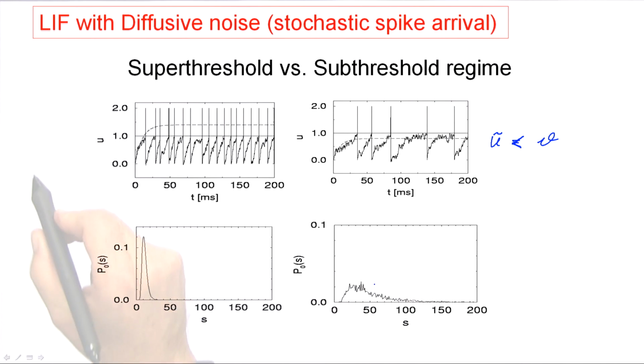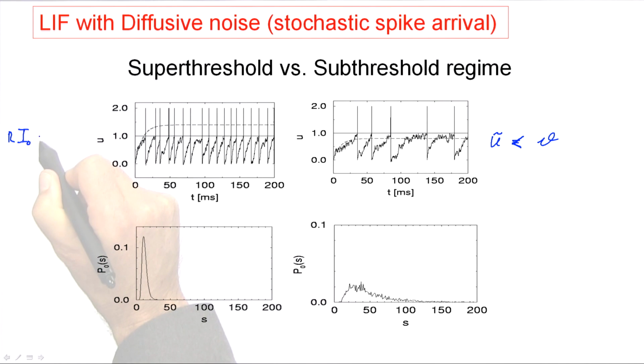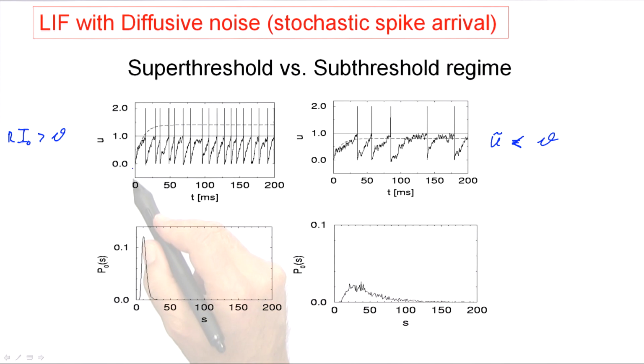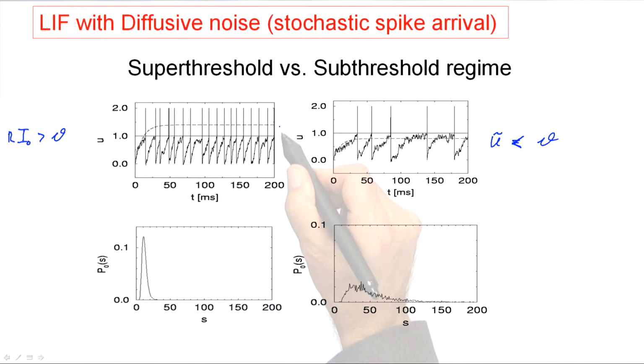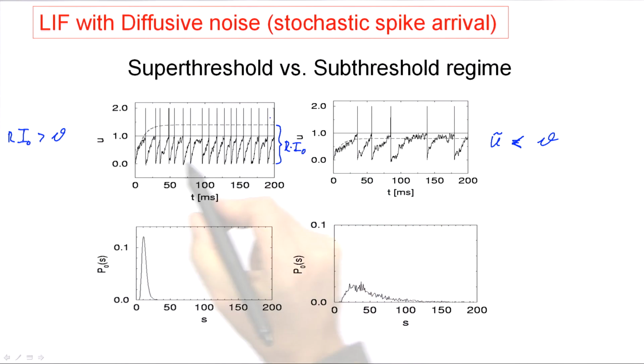Now here, my current is stronger. The mean current, without the fluctuation itself, is enough to reach the threshold. So without a threshold, the mean value would be above the threshold theta.